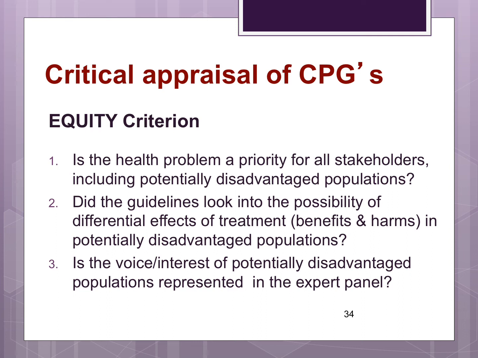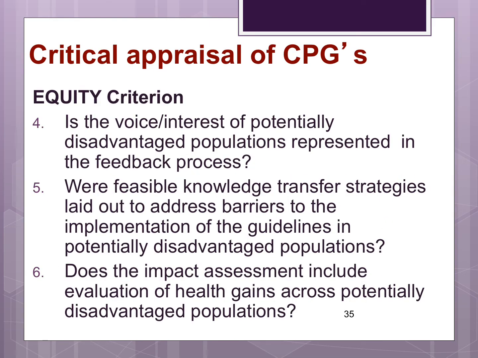Did the guideline take a look at the possibility of differential effects of treatment in potentially disadvantaged populations? And is the voice or the interest of the potentially disadvantaged actually represented? That's why I said that most of the time, patient groups are part of the discussions. Are they also part of the feedback process, where feasible knowledge transfer strategies are also laid out to address barriers in the implementation?